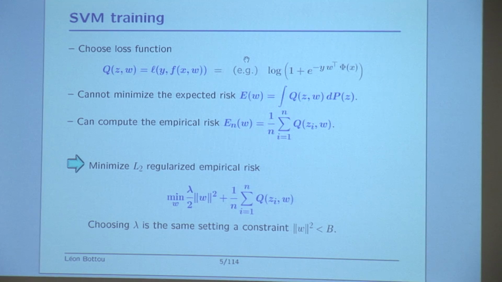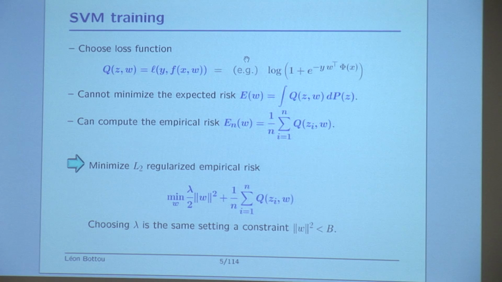So, well, we go on. But I guess you all know this. We choose a loss function. Q of z, w equals some loss of y, the actual label, and f of x, w, which is the output of the system. And for instance, you could use the log loss, which is not really an SVM, but it's close enough.